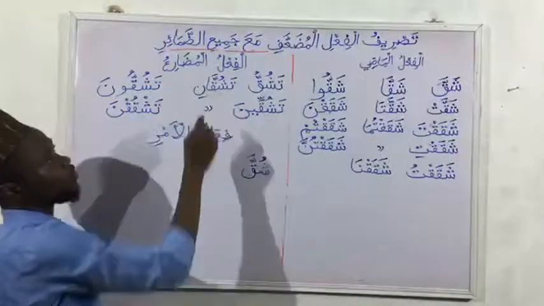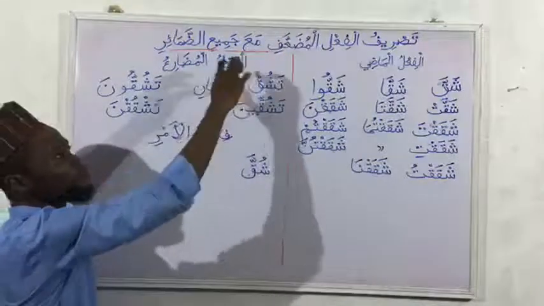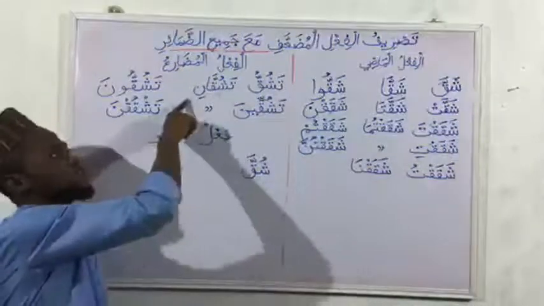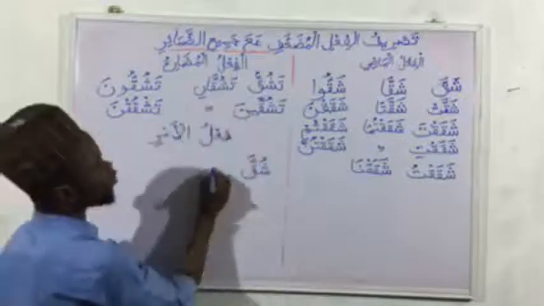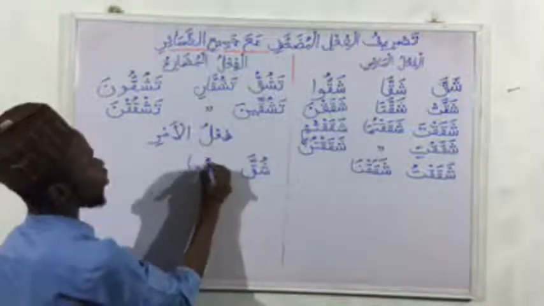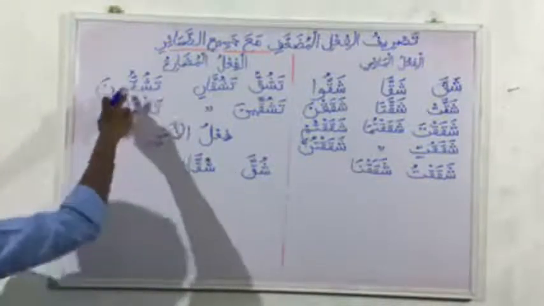Then for dual, the same process applies. Remove the harful mudara and remove the noon. So we'll be left with what? Shukka. Same thing applies here.